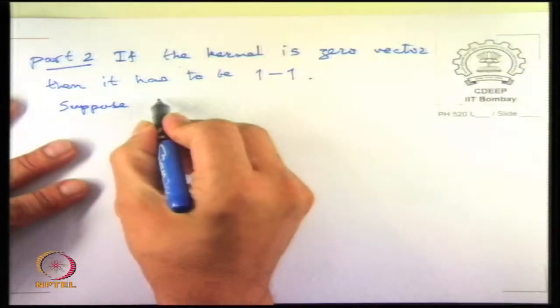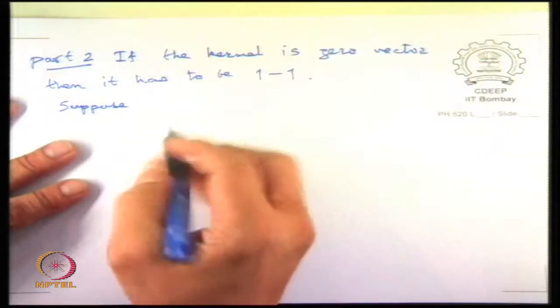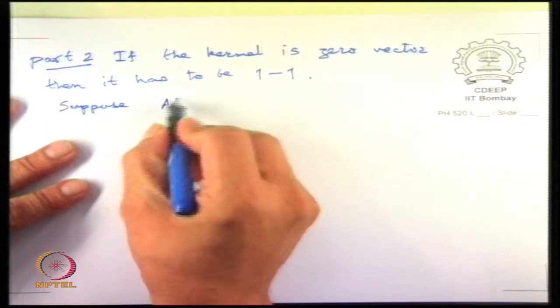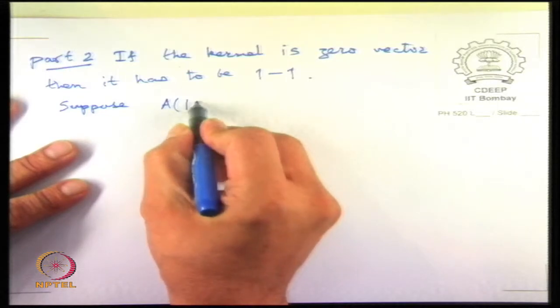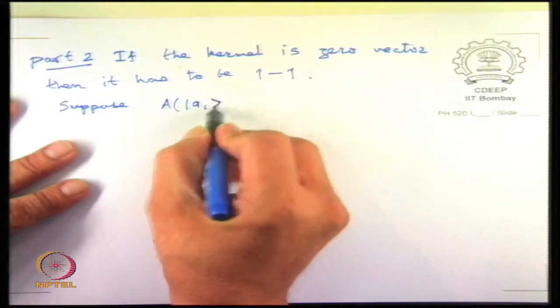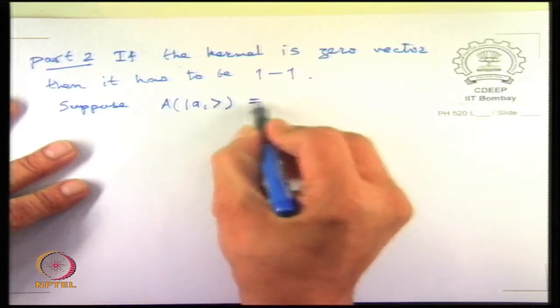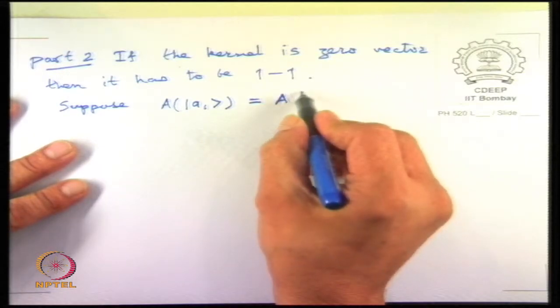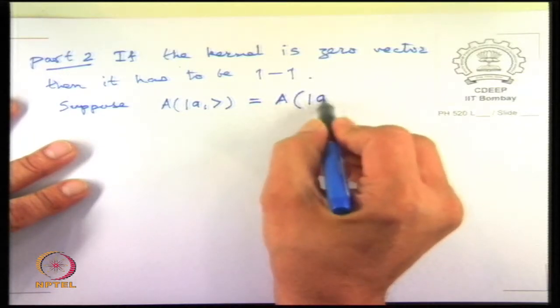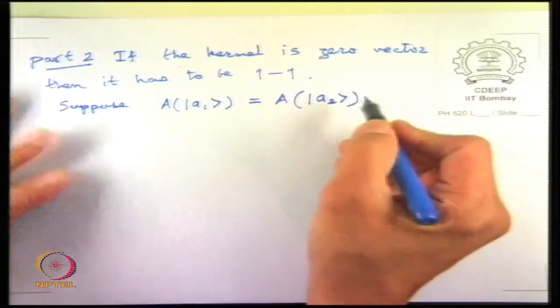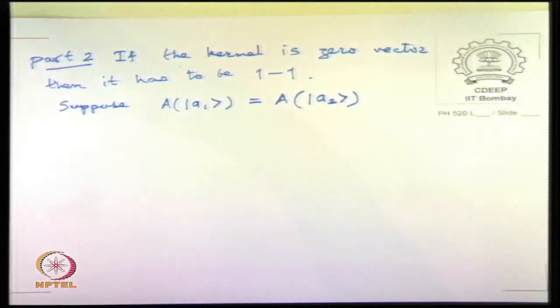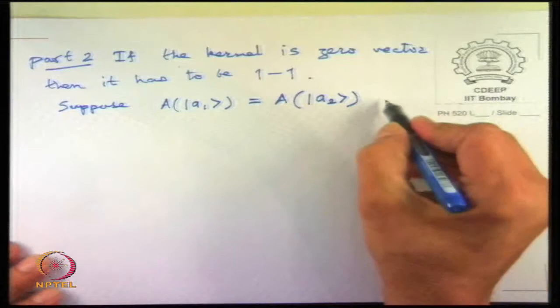Suppose it happens that A of vector A1 is equal to A of vector A2. So, here we are saying it is not 1 to 1.